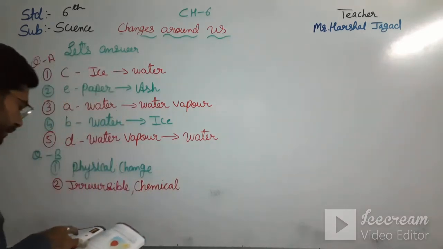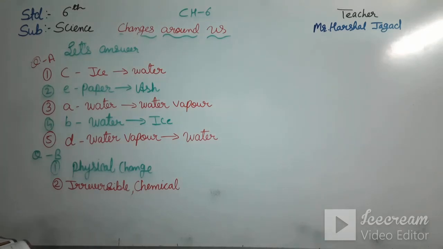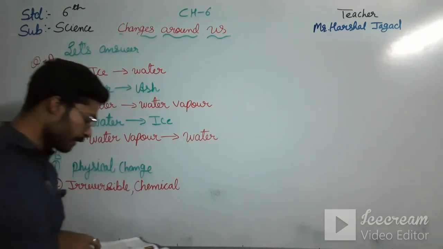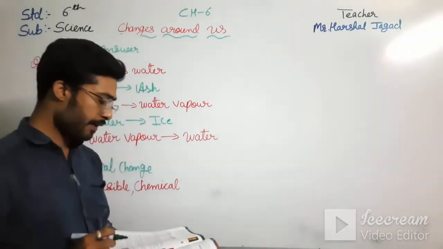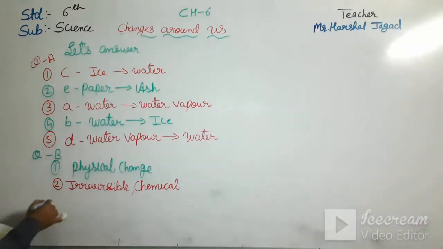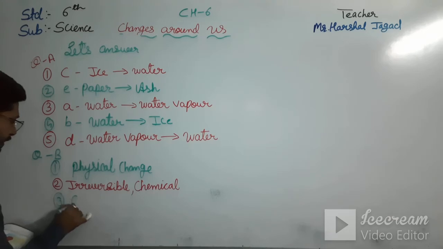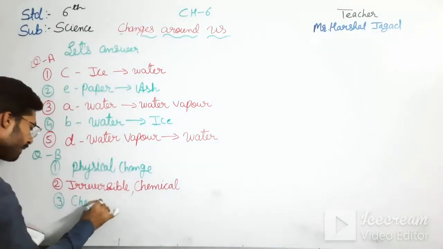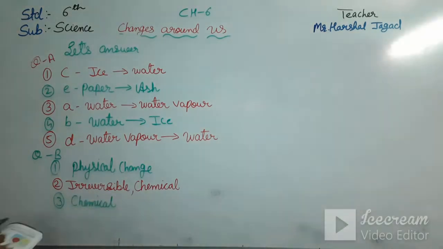Third one, rusting of iron and spoiling of milk are a dash change. That we know that it is a chemical change.